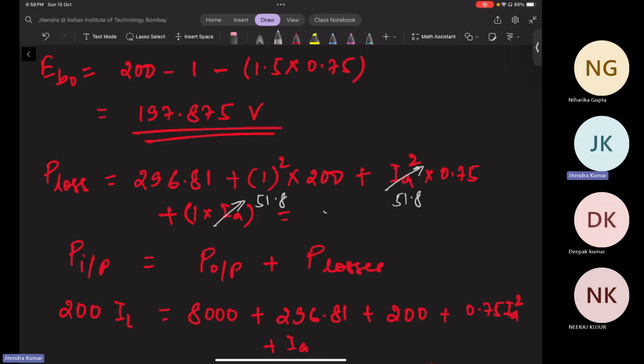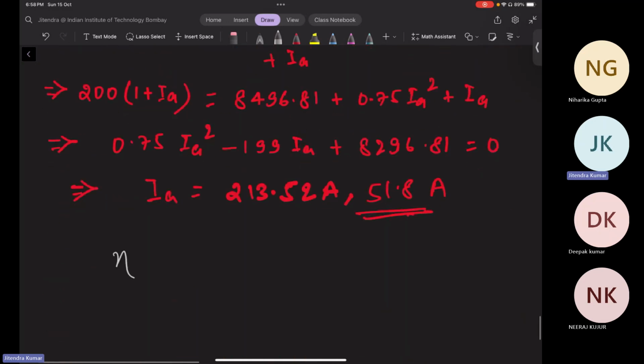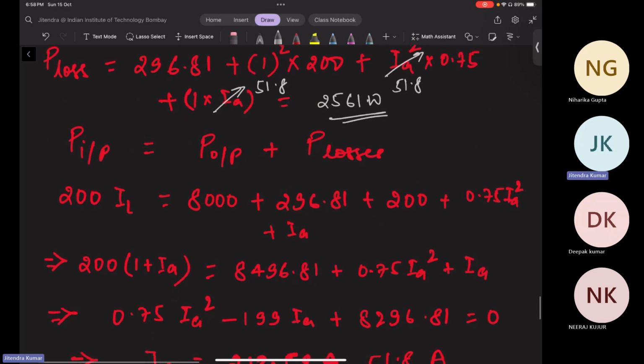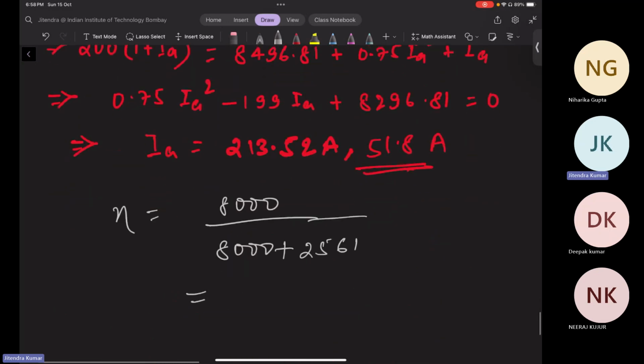So it is equal to 2561. Okay, right. So now efficiency will be output, that is 8 kilowatt, divided by output plus losses 2561. So it will be 8000 divided by 8000 plus 2561, which is equal to 75.75%.